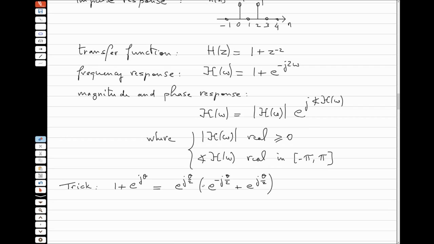If you expand this, re-expand this times this gives you 1, and this times this gives you. But what do you recognize? What do you recognize here? What is it? It's equal to somebody?